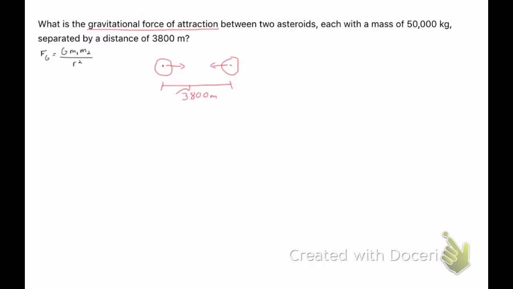From our reference table, we are given the G constant. We said that the G constant is 6.67 times 10 to the negative 11, and the units for that were newton times meter squared over kilogram squared.